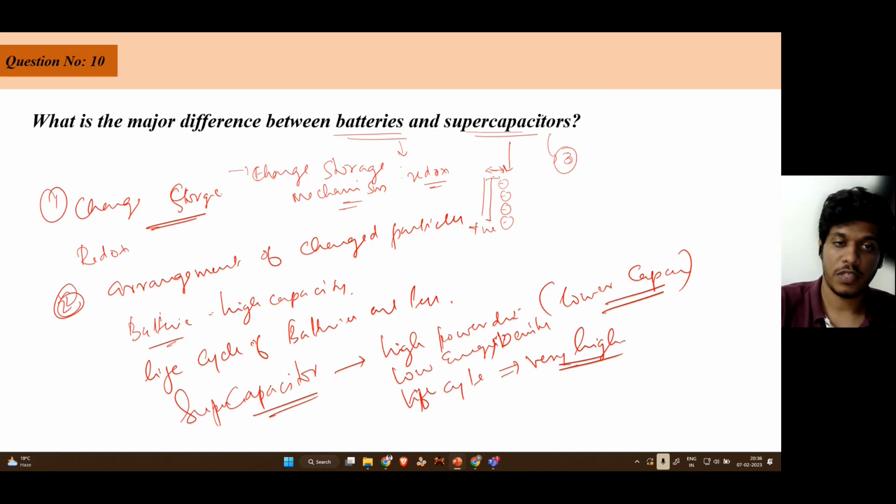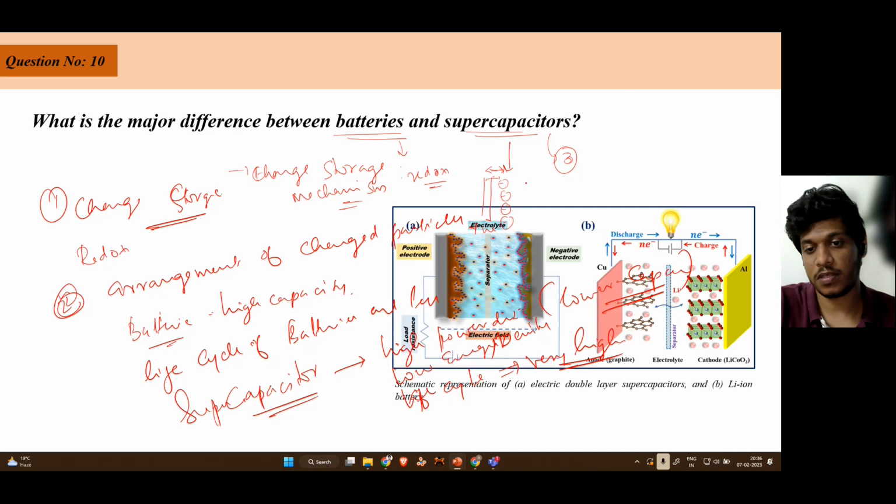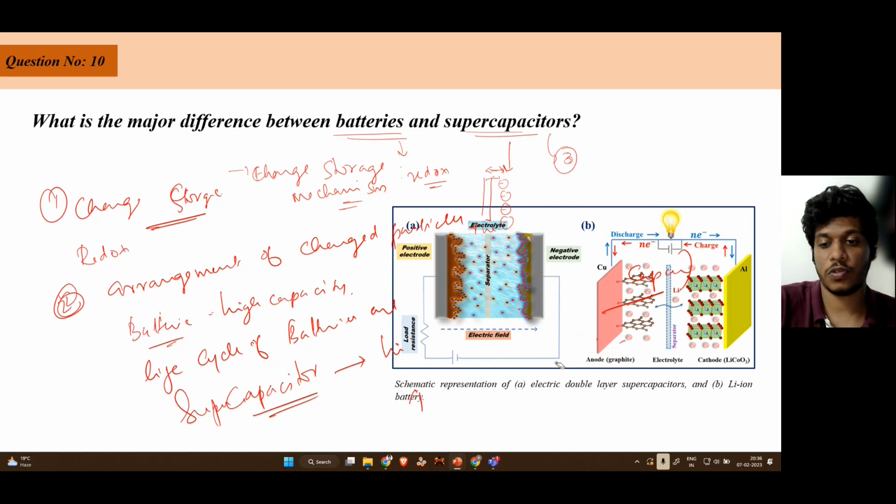Okay, so these are the basic differences between batteries and supercapacitors, and you can see the schematic. The first one shows a typical electrical double layer capacitor, and figure B shows a typical structure of a lithium-ion battery with a graphite anode and cathode.